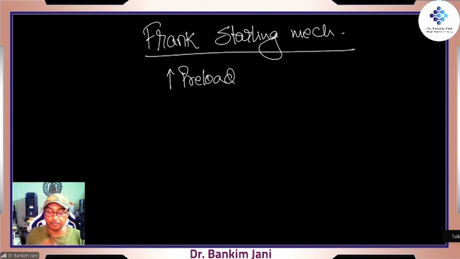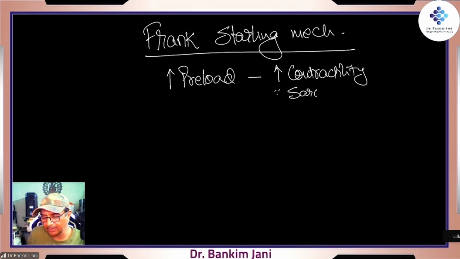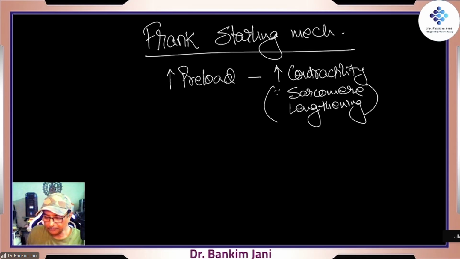When you increase preload, that means there would be increased contractility, right? Why? Simply one word: because of sarcomere lengthening. Correct? Sarcomere lengthening. And that will lead to an increase in the stroke volume. So far, so good.